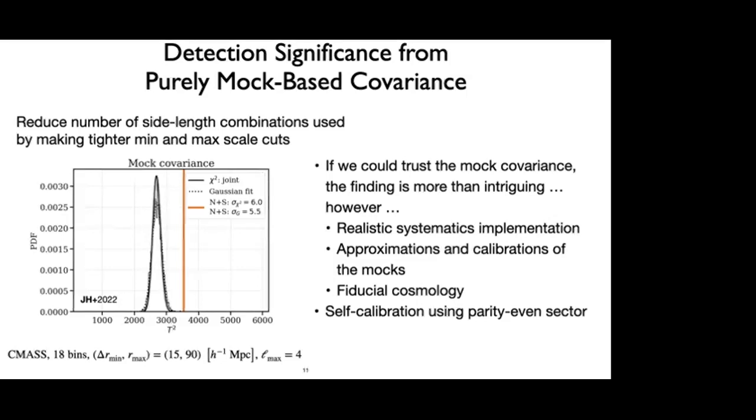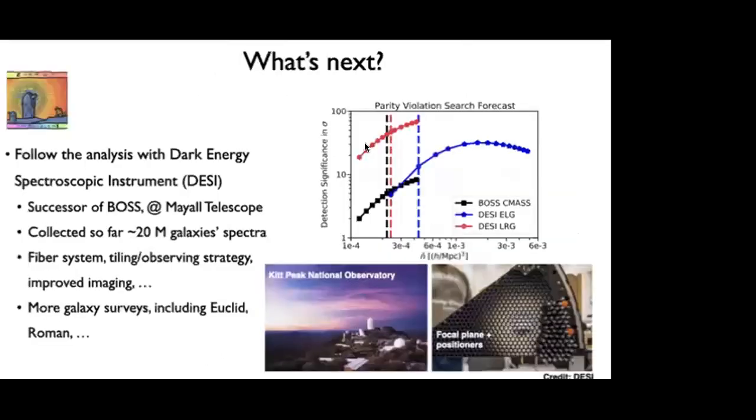Based on this logic, we performed a test where we used the result from the parity-even sector to rescale the parity-odd one. After doing that, we still found there is a non-zero detection. This is kind of reassuring, but there is certainly more work to be done in the future.